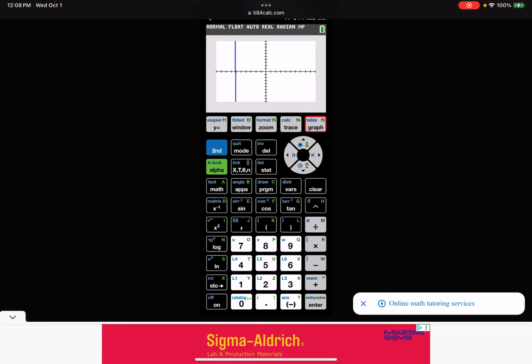Okay, I'm just going to hit graph, but I'm going to go to my window. Whenever it says to graph it for values of x between 0 and 60, I can set my x min to 0. I can even do -1 just to kind of show, but I'm just going to do 0. And then x max, I'll make it be 60. For the y min and max, I'm going to let the y min be 0 and the y max be 20.